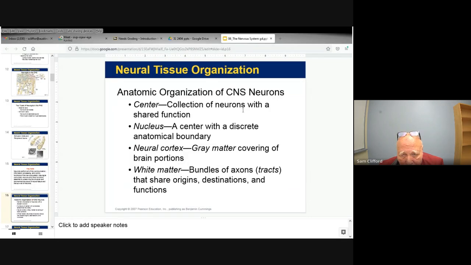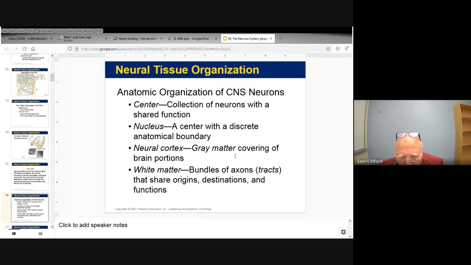So in the brain, we have centers, which are a collection of neurons with a shared function, such as in the occipital lobe, the visual cortex, up around the temporal bone, the auditory cortex. A nucleus is a center with cell bodies that perform a discrete function.